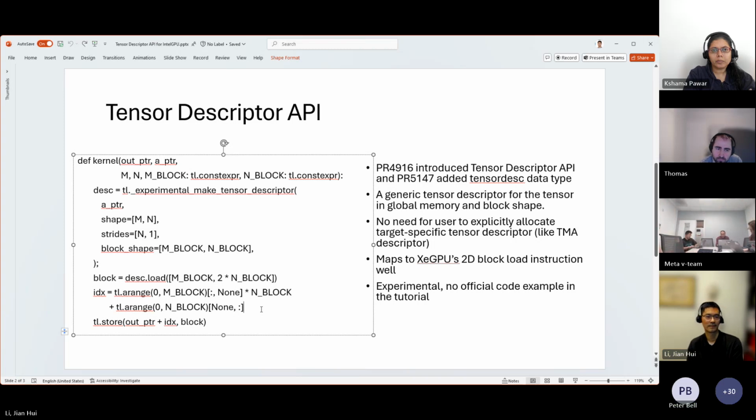I guess I'm more curious about what would be the Triton IR for it. There will be a new operation, or yeah, it's true, we're talking about the Python level, but at the Triton IR level, will that descriptor.load become a TT.load, or will it become some other operation? Yeah, so currently it's called experimental descriptor load. But obviously, once we take out experimental, we'll remove the experimental part.